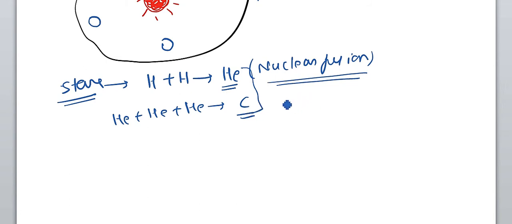Also, when all the hydrogen which is present in the star is used up, this star undergoes a huge explosion, and this explosion is called a supernova explosion, right?